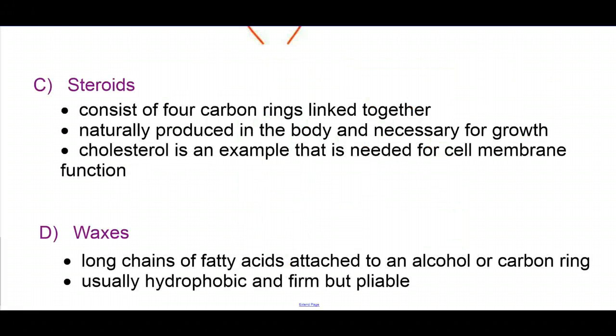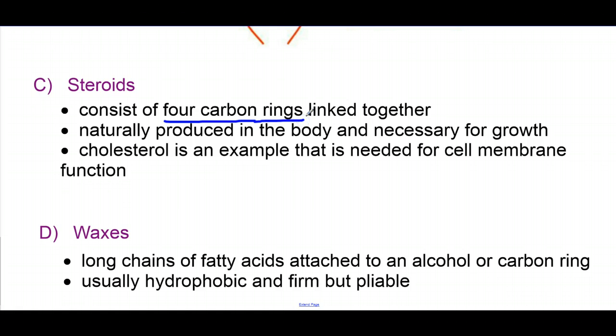Okay, and the last 2 groups we're not going to spend a lot of time on. They're important, but the first 2 were the more important ones. So steroids is the 3rd group of lipids, and the key in remembering is it consists of 4 carbon rings linked together.